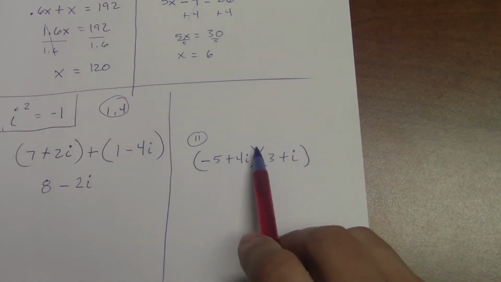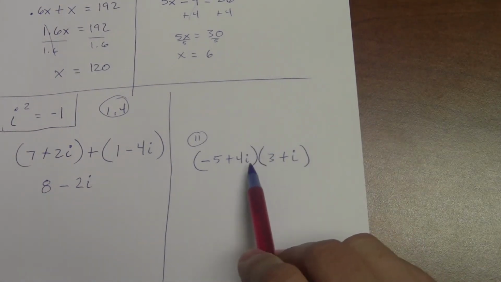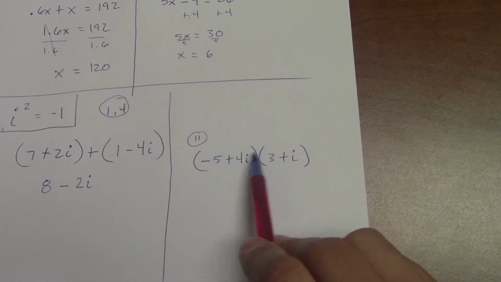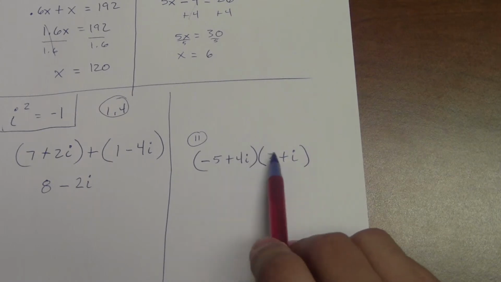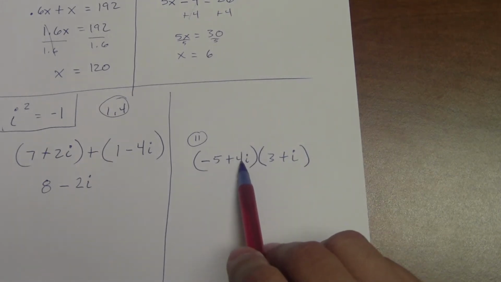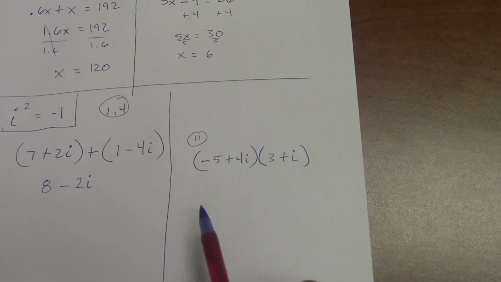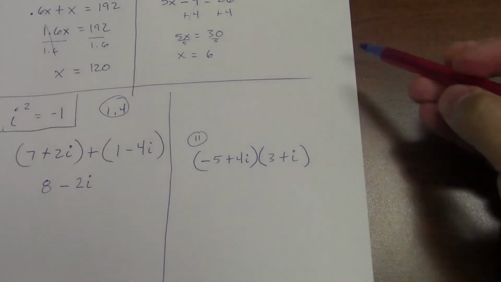All right, now the parentheses are right next to each other, which means we have to multiply. So negative 5 times 3, negative 5 times i, 4i times 3, 4i times i. That's how we're going to do it.